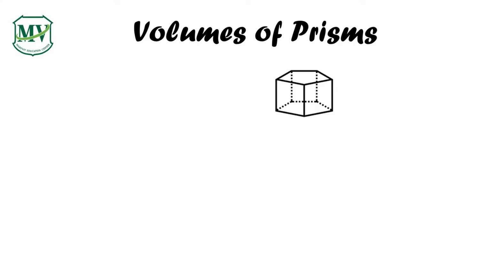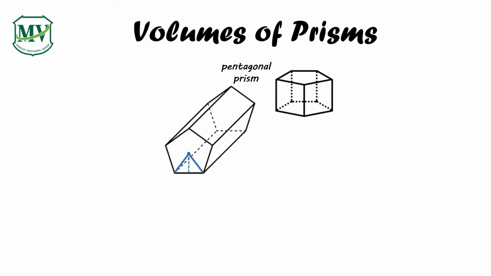And we also have here a pentagonal prism. A pentagonal prism has a height which is the big letter H, and on its base we could form a small triangle, and this triangle has a height which is the small letter h and a base which is the small letter b.